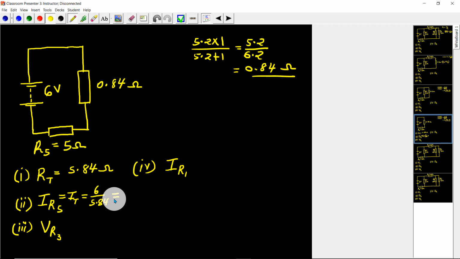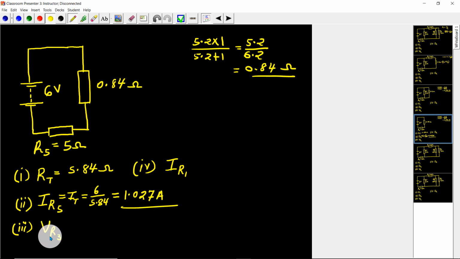So I have 6 divided by 5.84, and I have 1.027 amperes.